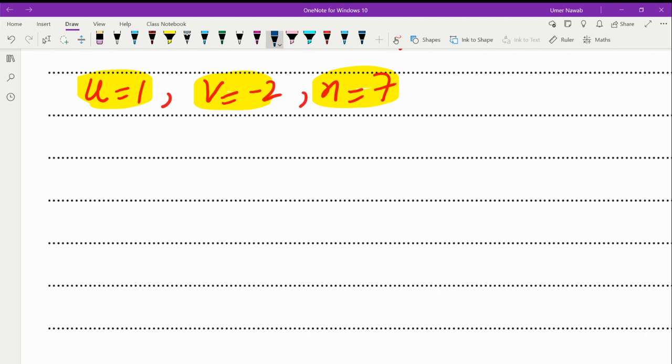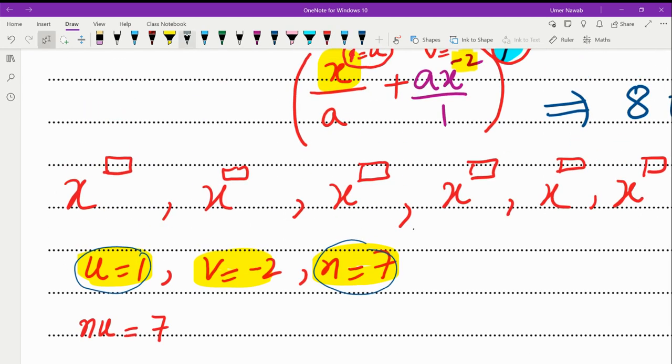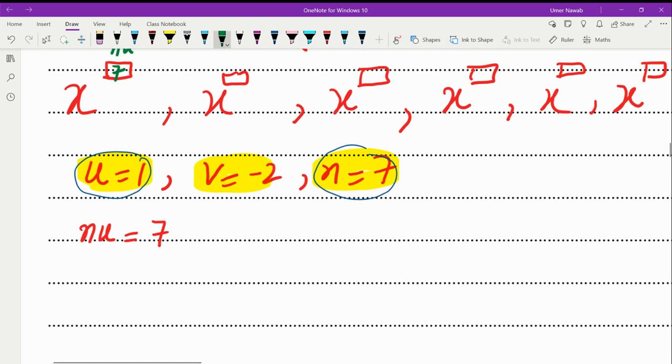The first power is you need to multiply u with n. I call it as nu. So nu will be the first power of the x. So 1 times 7 is 7. So this is nu, and that comes to me 7. So first power will be 7.